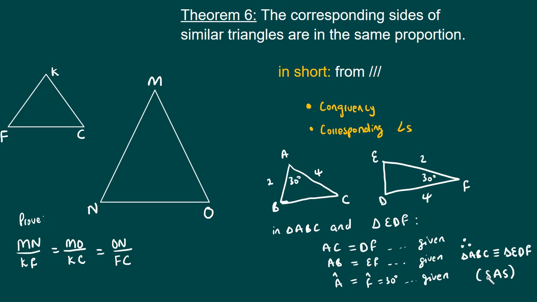By the way, it's called side, angle, side for a reason. We don't actually say side, side, angle, or angle, side, side. We say side, angle, side. This is because usually that angle must be the included angle, meaning it must be the angle between the sides that are equal. So we usually call it an included angle.